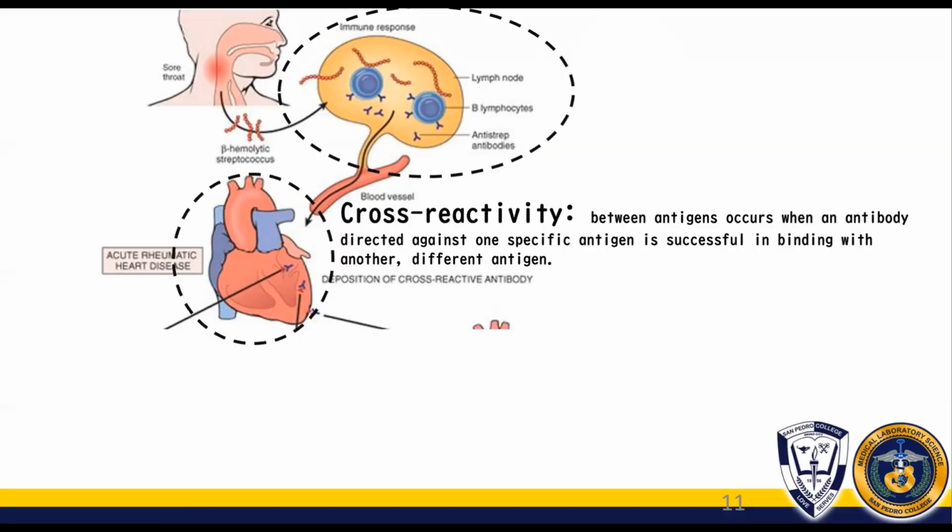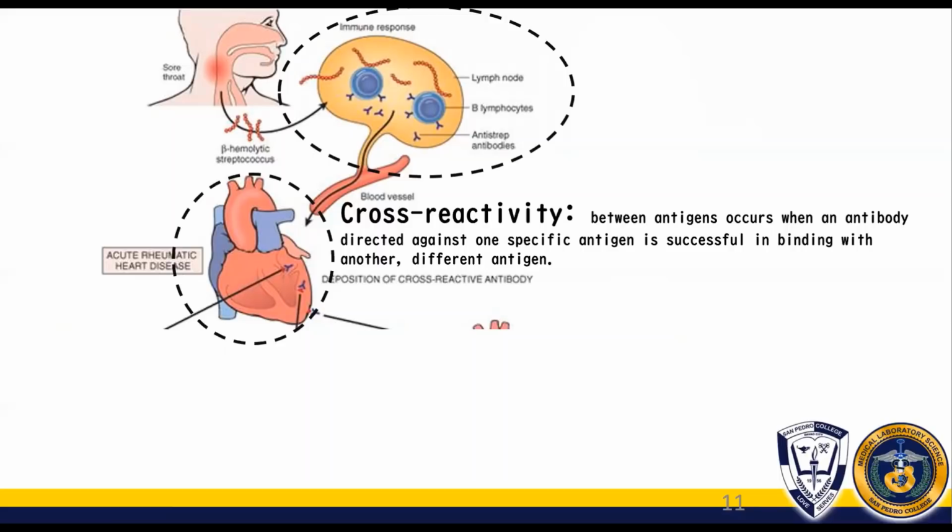The antibody produced are supposed to be directed against streptococcal antigens only. But these streptococcal antibodies, when they are found in our blood, they have access in our blood, they can travel to the different organs in our body, and they can land in our heart tissues.